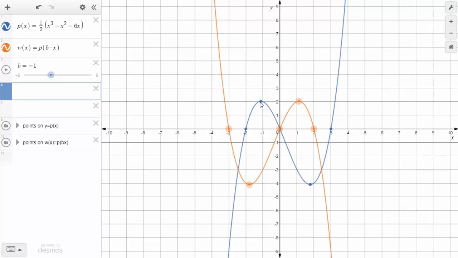For example, this point here at about -1, 2 flips over the y-axis and lands at +1, 2. And again, this point here at almost 2, -4 flips over the y-axis and lands around -2, -4. So when we multiply the inside of a function by a negative number, we reflect about the y-axis.